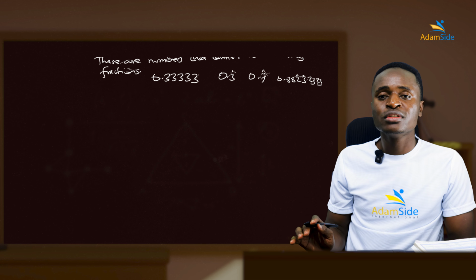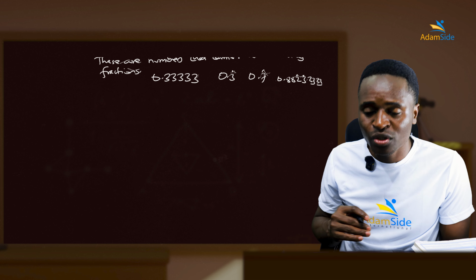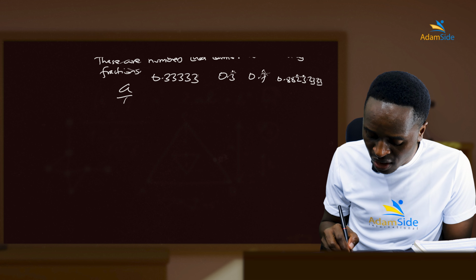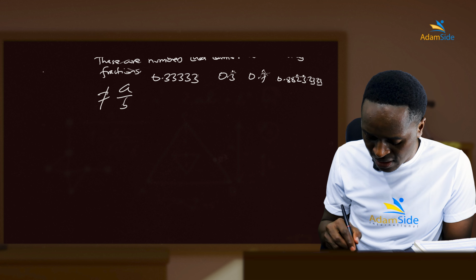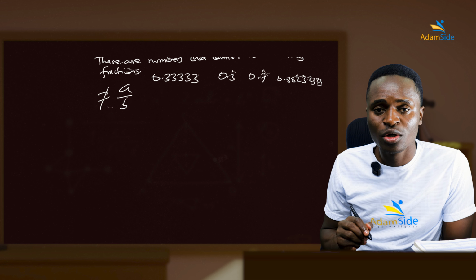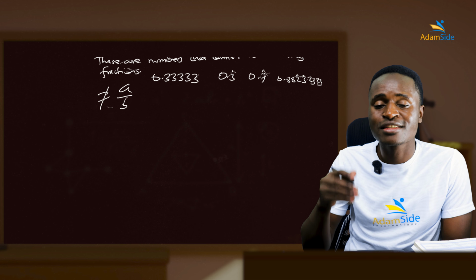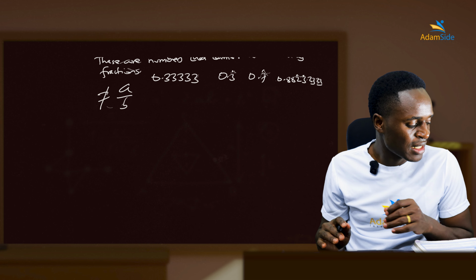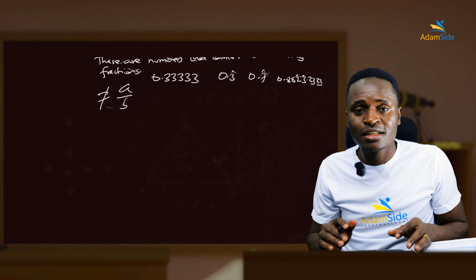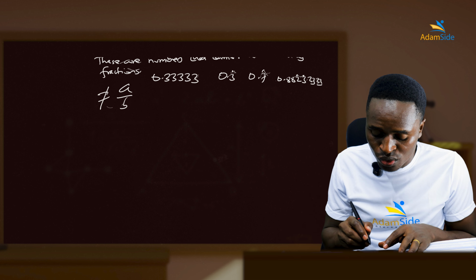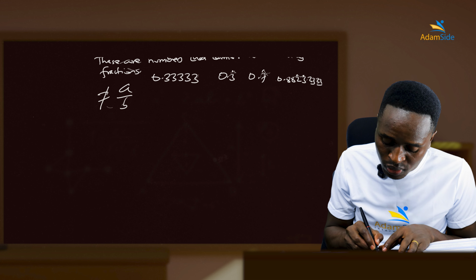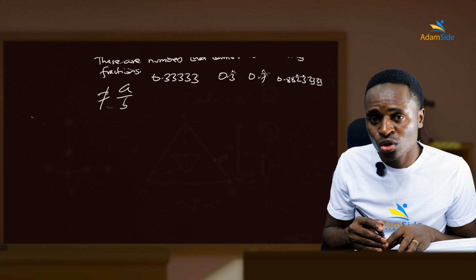These ones are called irrational because they cannot be written in the form of a over b, which we know is the same as a fraction. So what extended math will want you to do is use this knowledge to convert. They will ask you to convert irrational to rational.